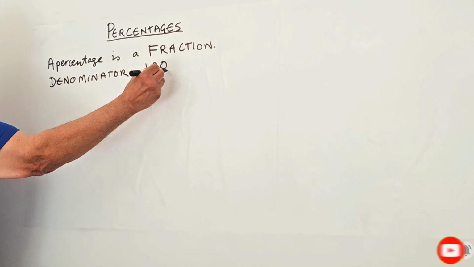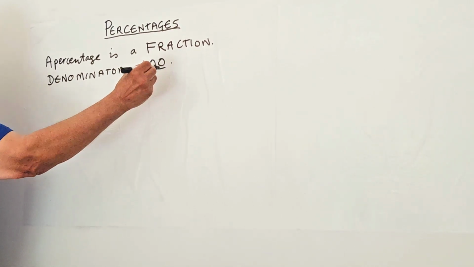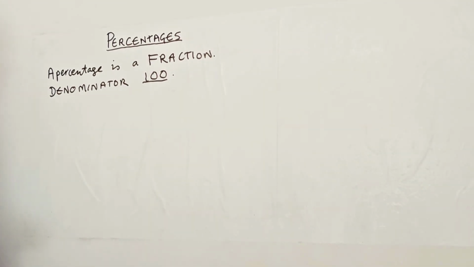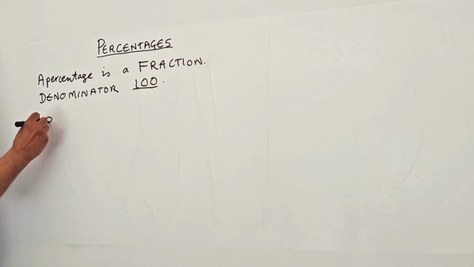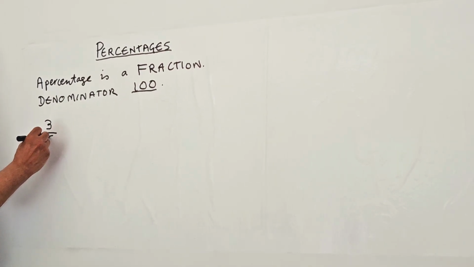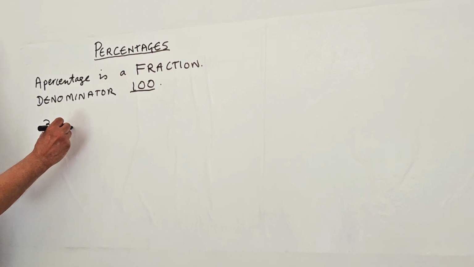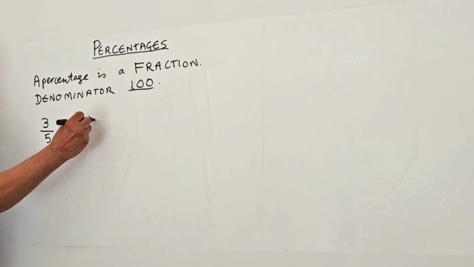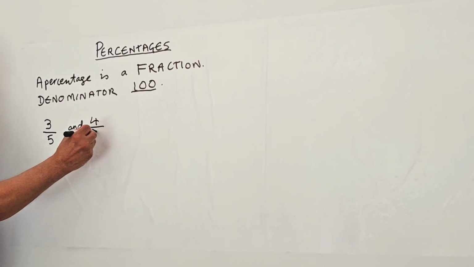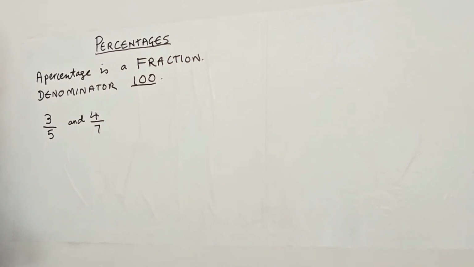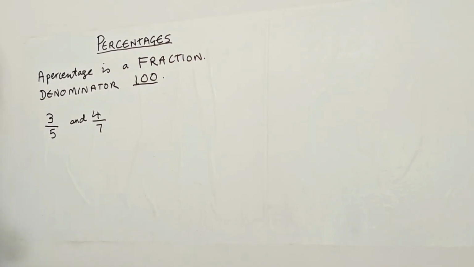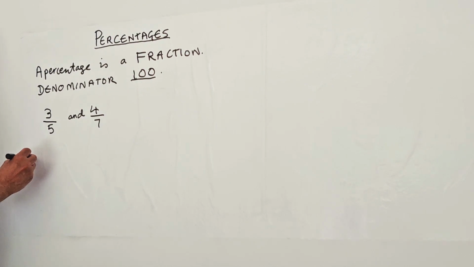Why do we bother with percentages when we could use fractions? Well, the reason is, how does one compare, say, the following fractions? 3 out of 5 and 4 out of 7. For example, which is the bigger of these two? Well, we can find out if we do this.